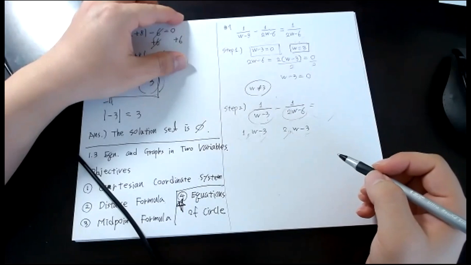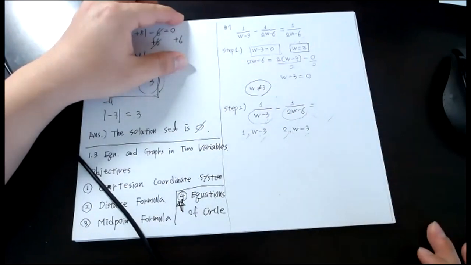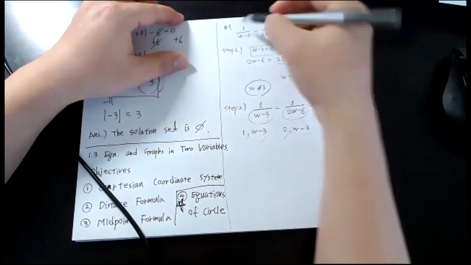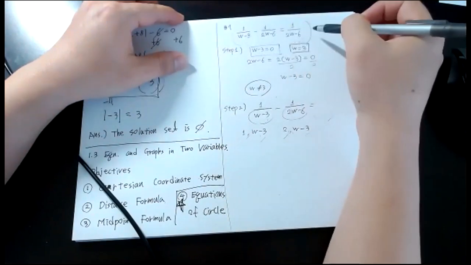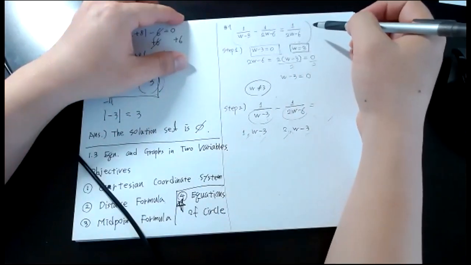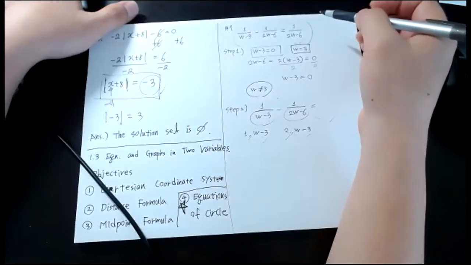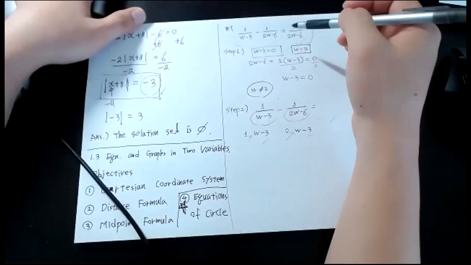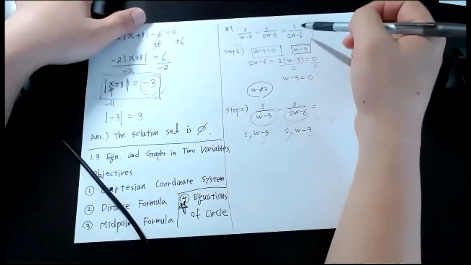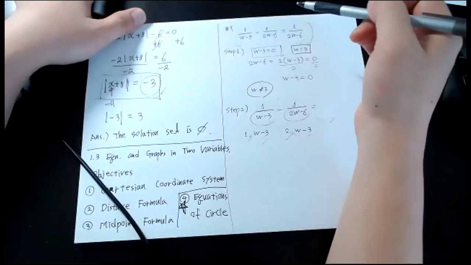What I'm going to do is multiply the LCD on every single term in the equation. I told you there are several ways. You may wonder why we don't just make all the denominators the LCD.